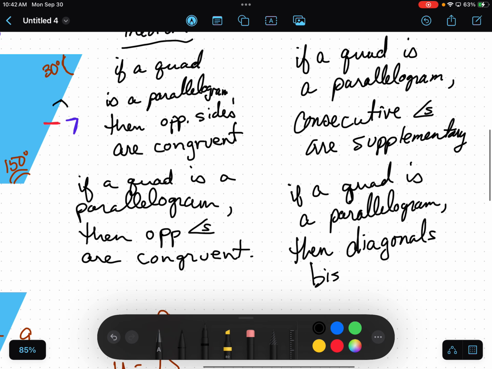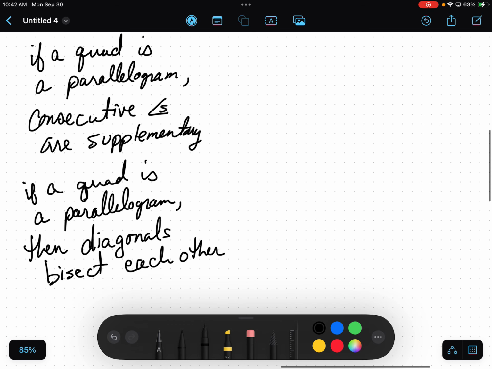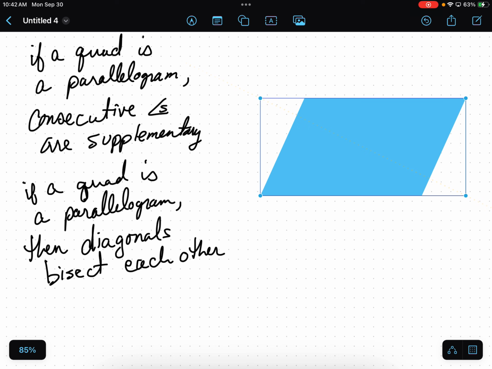There's that word again. What does it mean to bisect? Cut in half, right? So I'm going to slide that over, put another shape in there, and do one last thing with you guys. And then I'll turn you loose with your worksheet. Okay?